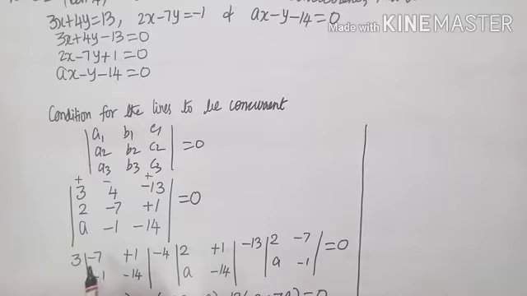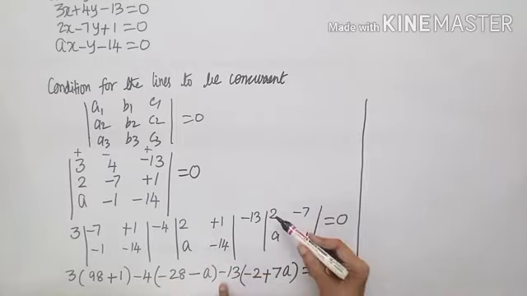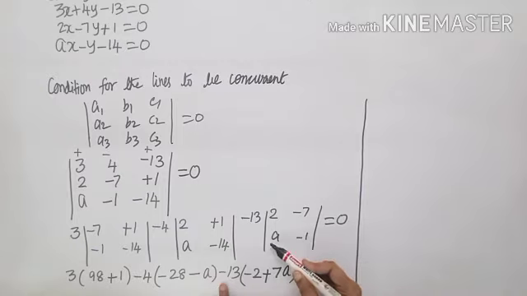Multiply. Minus 7 into minus 14, minus 1 into 1. So we get 3 into 98 plus 1. Minus 4 into 2 into minus 14, minus a into 1. Minus 13 into 2 into minus 1, minus a into minus 7.